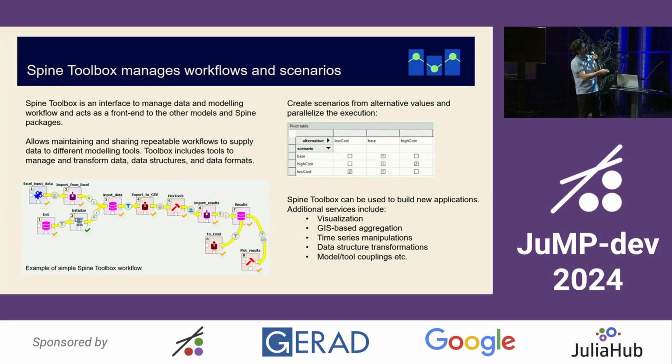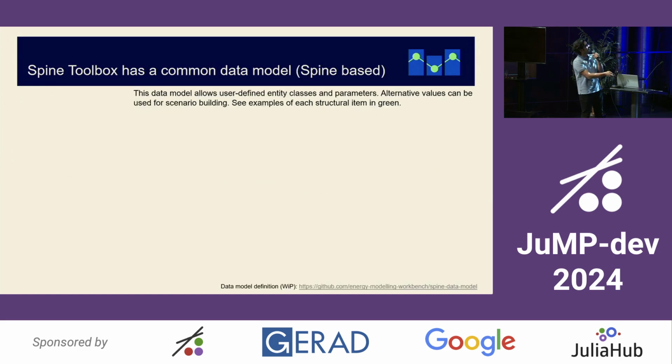So you can have three scenarios and three different alternatives. This is quite useful. You can have a base scenario, high cost, low cost, and then different alternatives, again low, base, and high cost, depending on what you want to do. So you can do several runs with these different inputs. This could be, for example, demand, and this could be any other type of input, such as the cost of the technology.